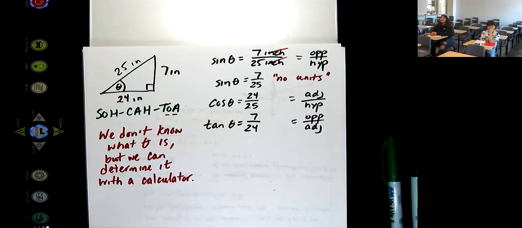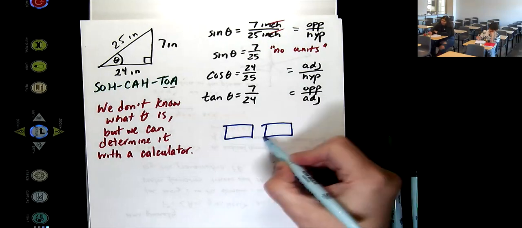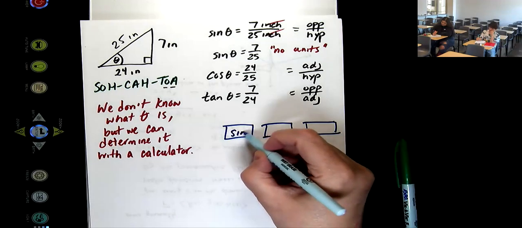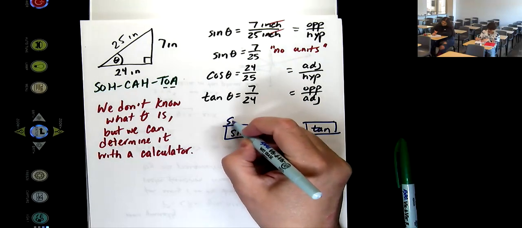So generally, calculators have 2 buttons. Well, there's one for each of these. Many calculators have a button for sine, cosine, and tangent. And above them, they say this.